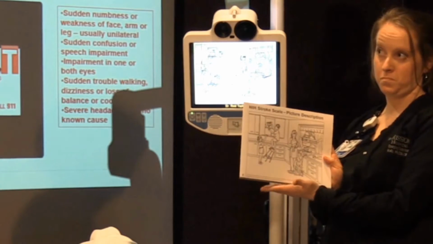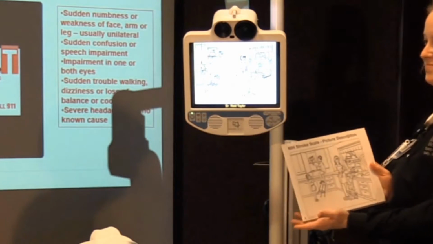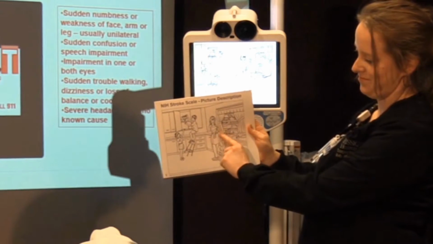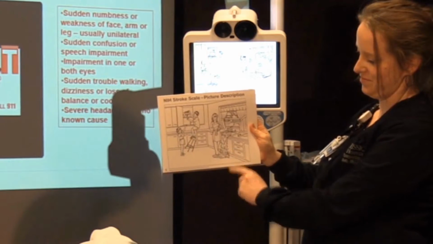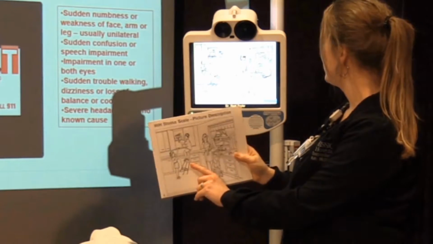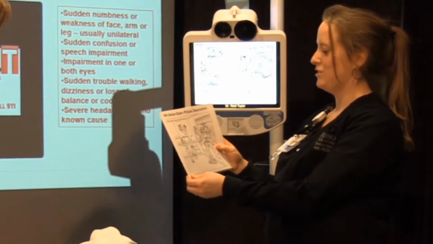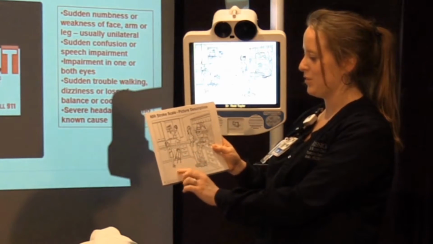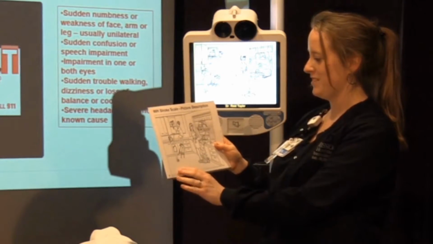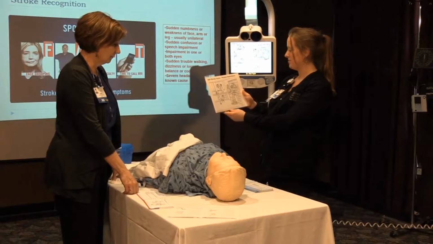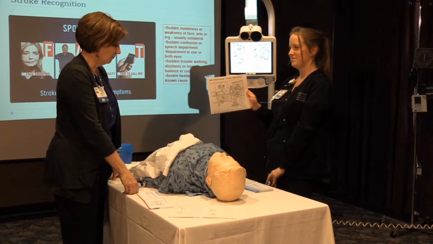So Kelly would hold that up in front of the patient, and she would describe what was going on. So could you describe what's in this picture for me, Ms. Jones? I can't hear her very well, so someone might have to shout out what she's saying. She's saying that she sees the kids are getting into the cookie jar, and the little boy's falling off the stool, and the mom's washing the dishes, and the sink is overflowing. Okay, so she's doing very well with that.